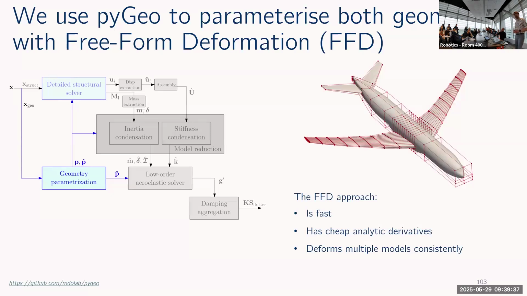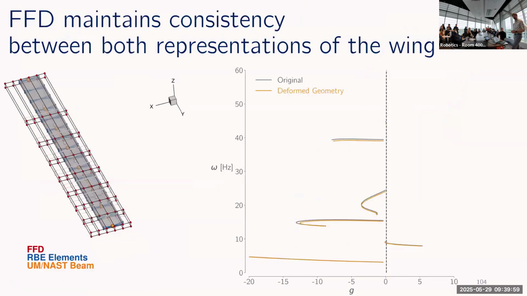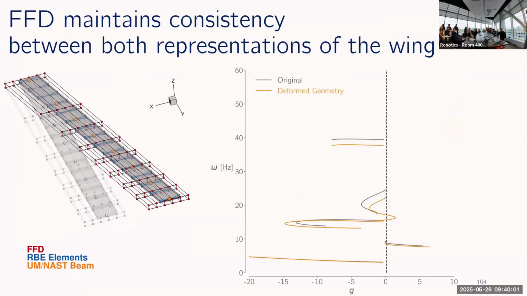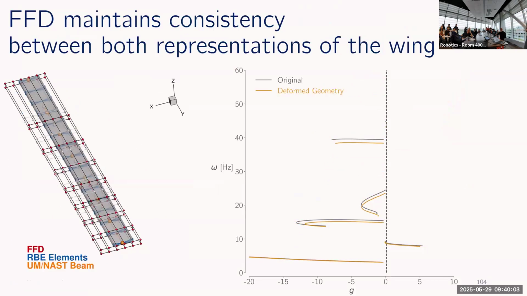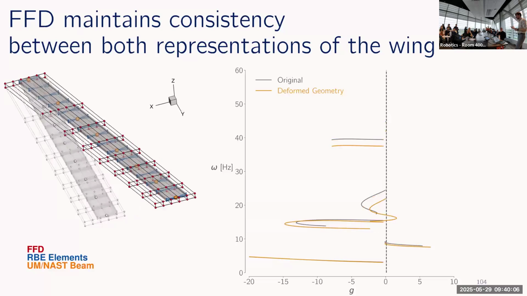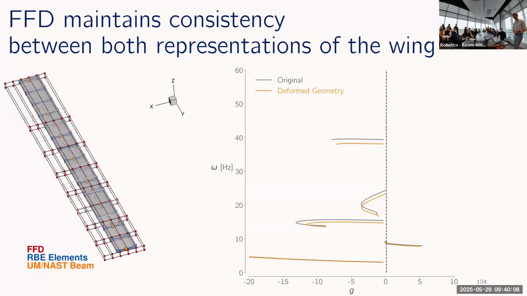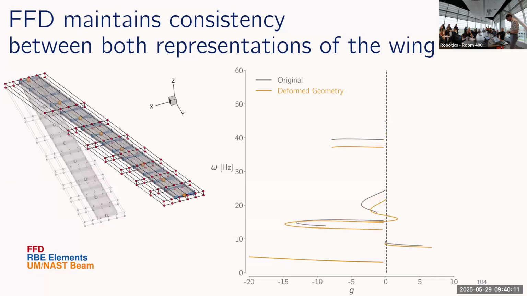The reason for using it here is that it's fast and easy to compute derivatives through, but most importantly, the FFD method can very easily parameterize the geometry of multiple different models of a wing consistently. That's important so that as I change the geometry of the wing, both the detailed model of the wing and the beam model remain consistent with each other, which is what I'm showing here.